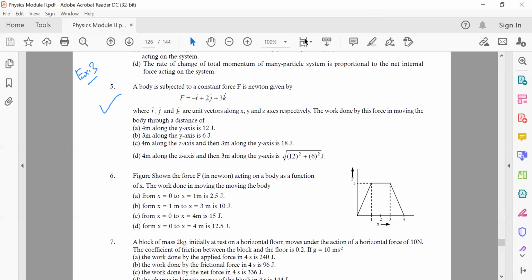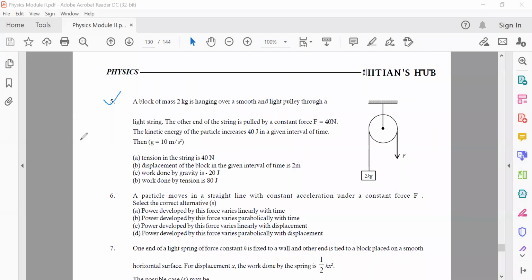Yeah, so let's solve this question. This is page 127, exercise 3. So just go through the options, we'll discuss.